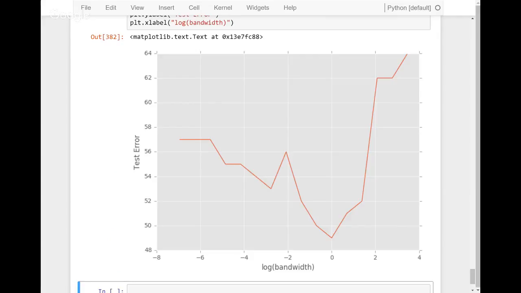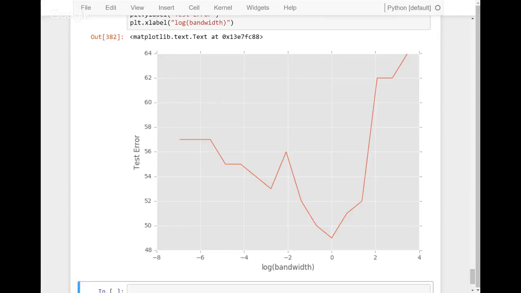The test error starts out relatively high. This is not a percentage, this is the total number of misclassified points on the y-axis. Then it'll decrease, bottom out at some point, and then as we increase the log bandwidth, it'll increase again. So this is a typical thing that we should expect to see.